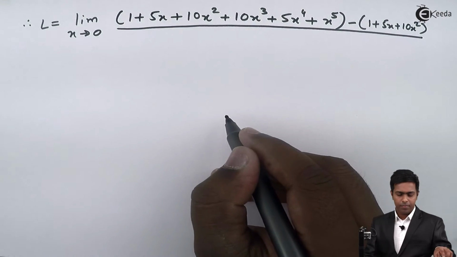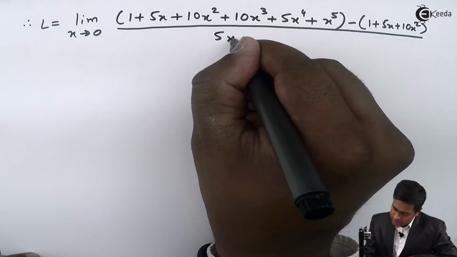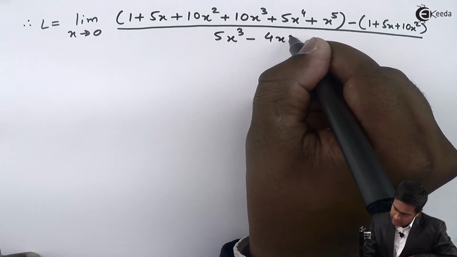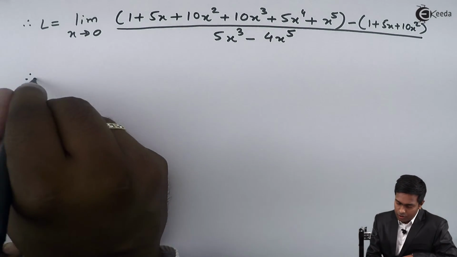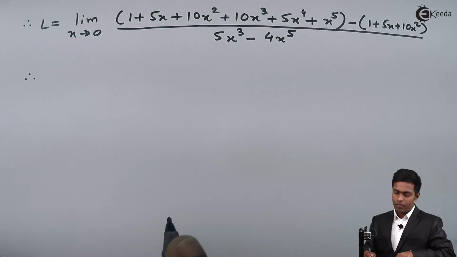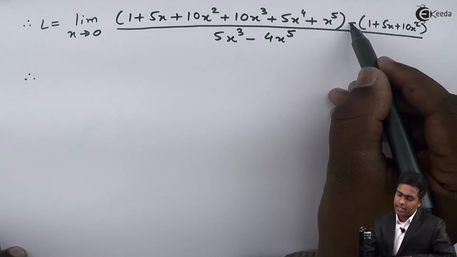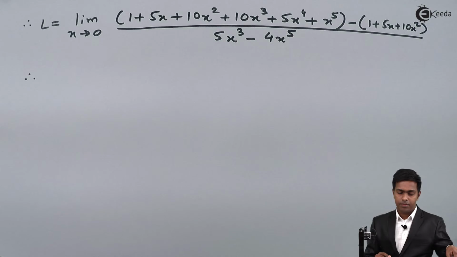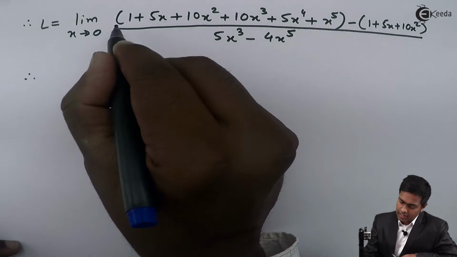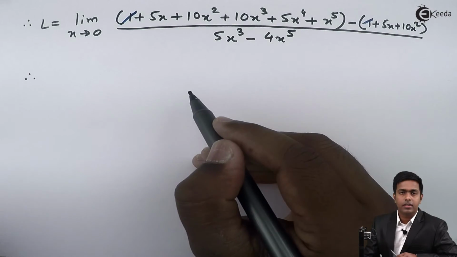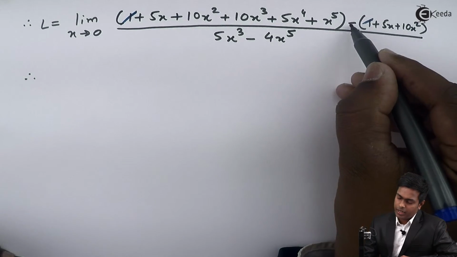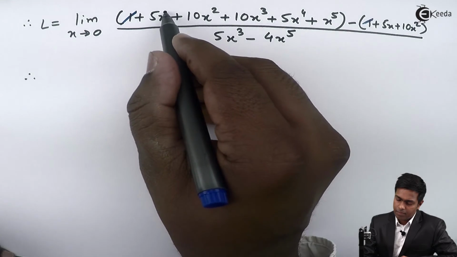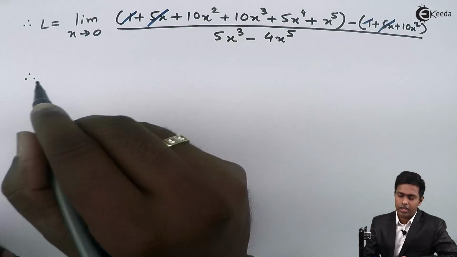Whole upon 5x cube minus 4x raised to 5. So I am just copying down the terms. So therefore, if you will observe here, due to this minus sign, this 1 will become minus 1. So we can cancel this positive 1 and minus 1. Next this 5x will become negative, so I am again cancelling plus 5x and minus 5x.